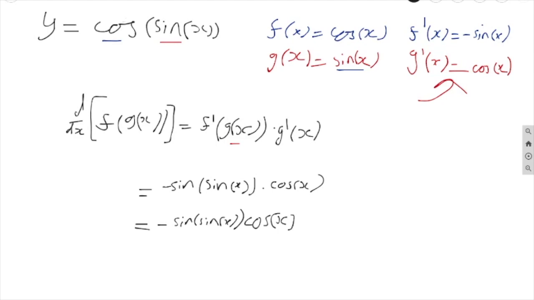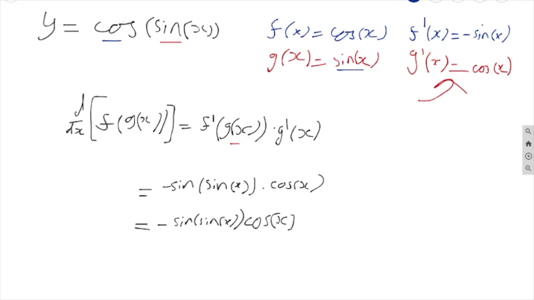Again, we'll go through our individual steps, but I hope the methodology is relatively clear to you. We see that we have a composite function, a function that has something acting on something else. Acting, not multiplying, is the important takeaway here. We find the individual functions, and we find their individual differentials.